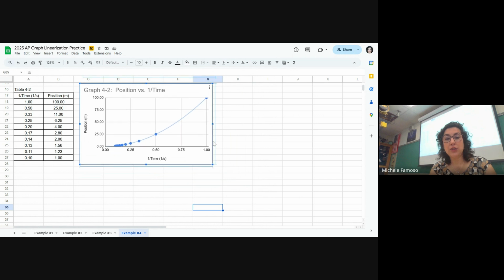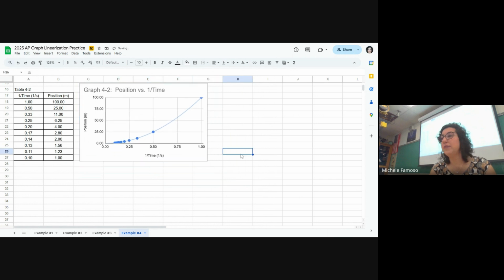So what you need to do now is go back and look at your graphical summary sheet, which is in Google Classroom, to figure out how you linearize a graph that looks like that. And if you recall, we actually did one that had that shape. What did we have to do to linearize a graph that was a parabola that was concave up like that? Maddie?